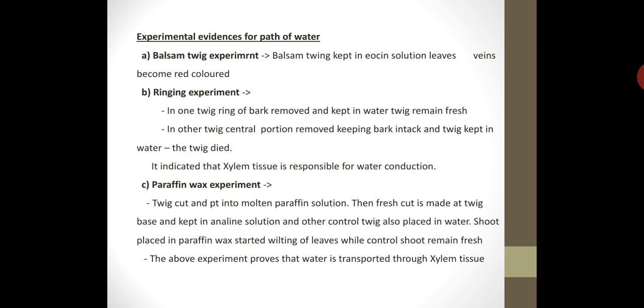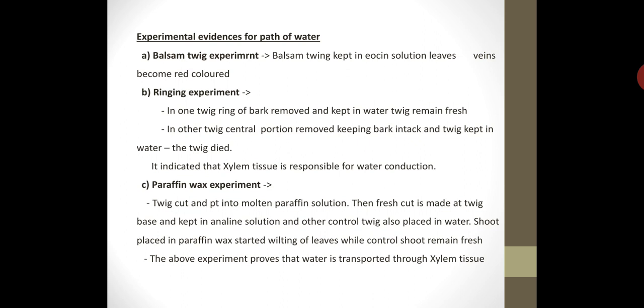Then the bark of one twig, that is the outside bark containing phloem tissue, is removed and it is kept in the water. And in the second twig, the central core, that is the xylem tissue, was removed and that twig was put into the water.